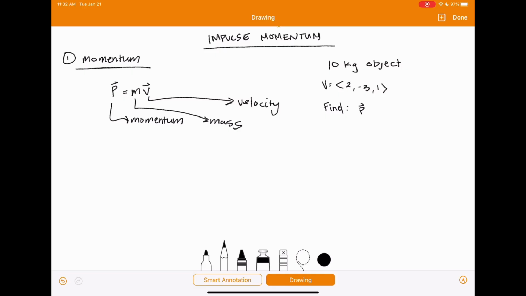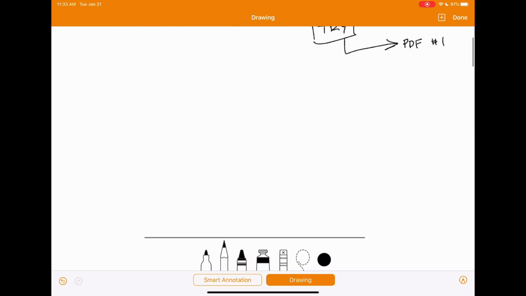So go ahead and work this one out on your own. You're seriously just going to take that mass and multiply it by each of those to get your momentum vector. So you can pause the video, work that out, and then check your solution with the PDF below. It'll be number 1.